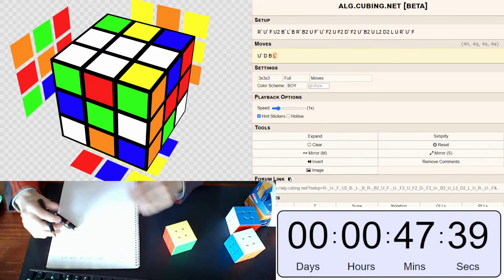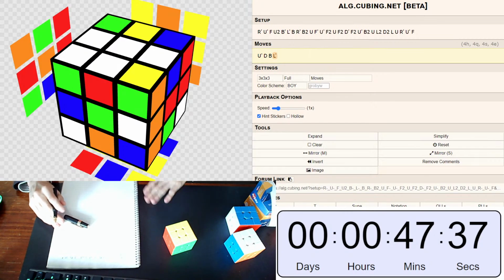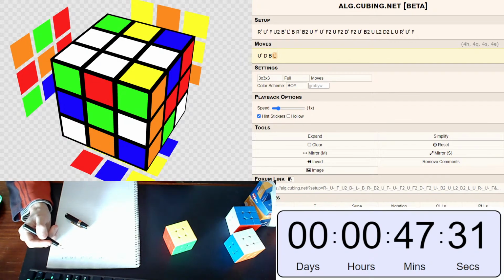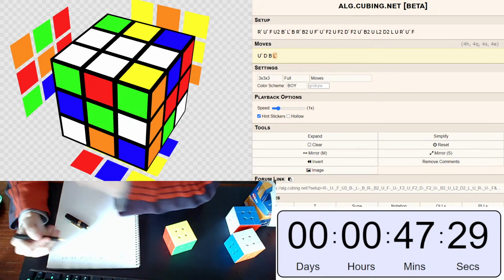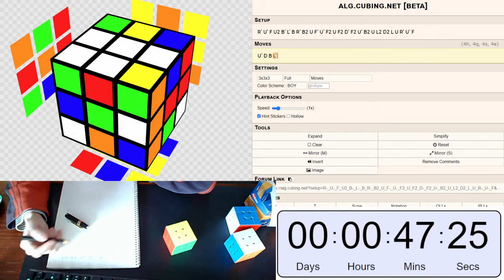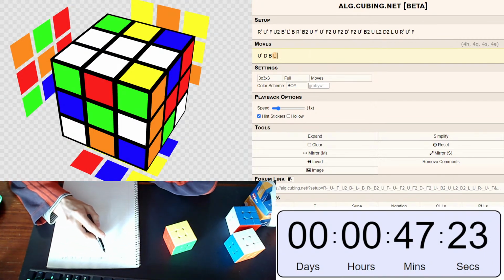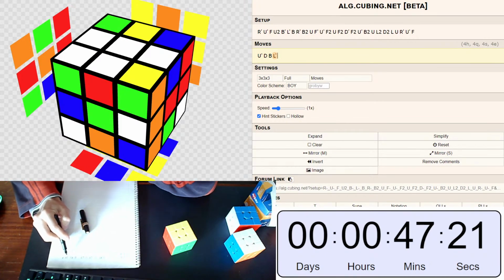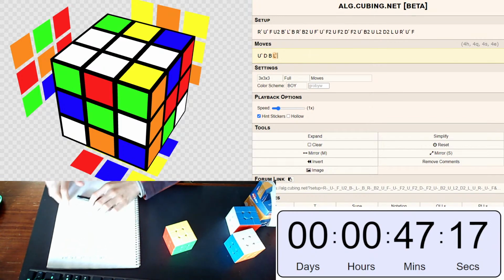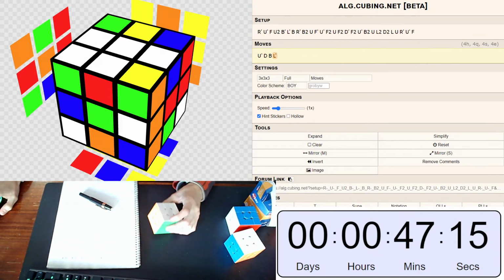So you can switch an R with an R prime. There are some more moves in that DR that I could switch and do in opposite directions to get different things after domino reduction, and possibly an easier solution. So 1, 2, 3, 4, 5, 6, 7, 8, 9, 10, 11, 12, 13, 14. So it's a 14 move domino reduction, which is pretty average for me, and I'll keep looking.